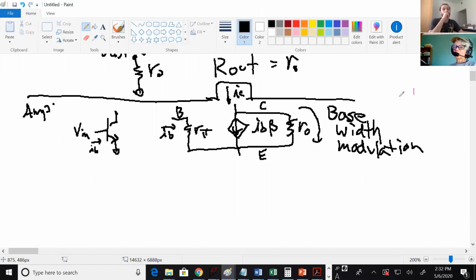Okay, so second question is, what is the R out? Again, we're treating it as a current out device. What's the R out at that node for a BJT?